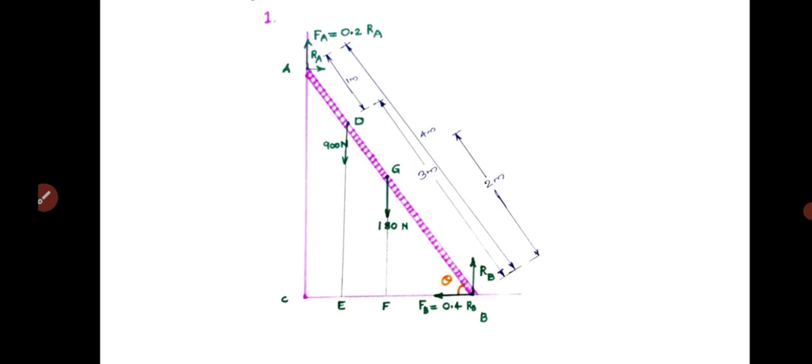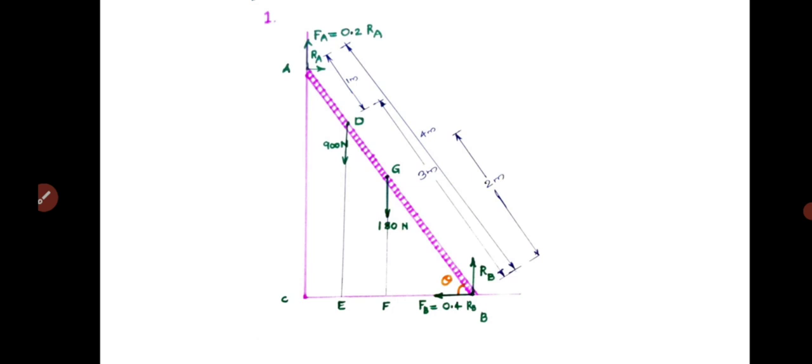So cos theta will be BC divided by hypotenuse AB. So BC equals AB cos theta. Here AB is 4, so BC equals 4 cos theta. Now in the same triangle ABC, sin theta will be opposite side by hypotenuse, that is AC divided by 4. So AC will be 4 sin theta.